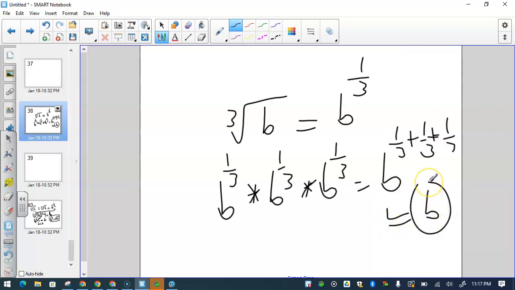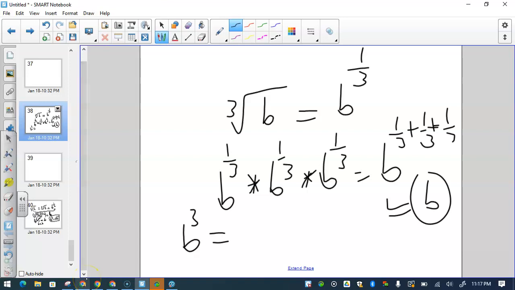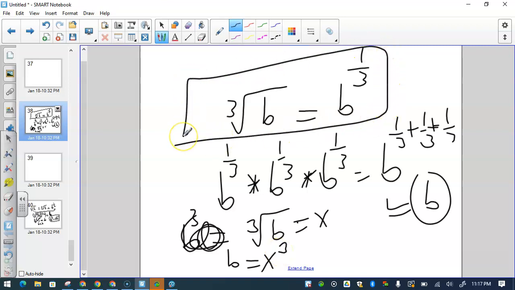So what is the meaning of it: if I have the cube root of b is some x, then b is x cubed. So the goal is just to make sure we know this part.